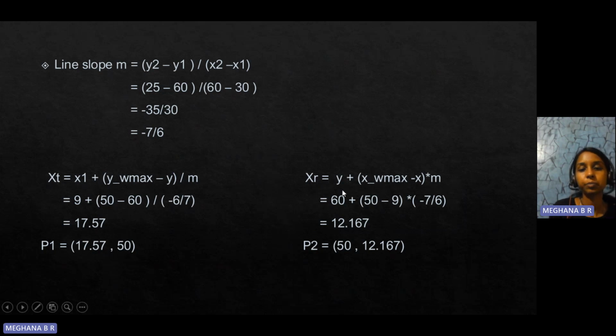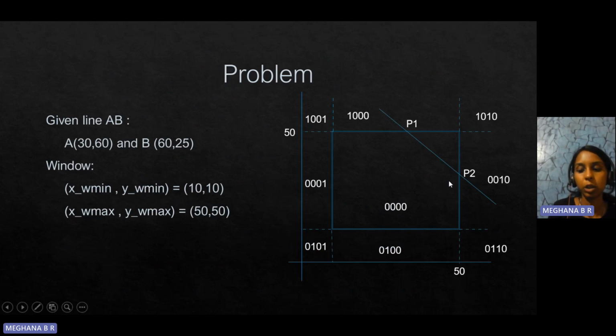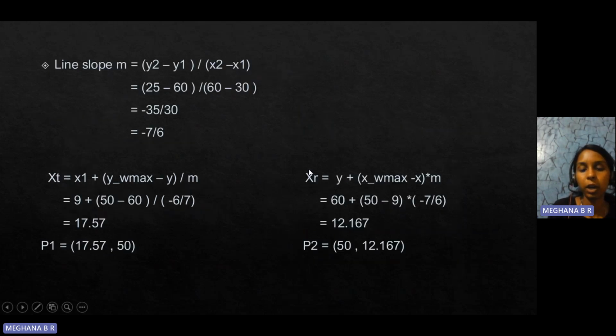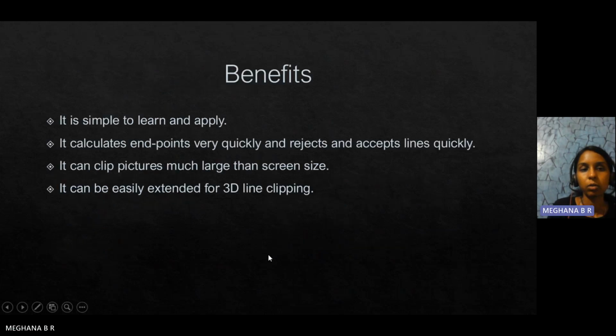Next, the line is intersecting at the right, that is the P2 point. We'll find the y point, y plus (x w max minus x) into m, so our y point will be equal to 12.167. That is, P2 will be equal to (50, 12.167). So these two are the intersection points. So this is the Cohen-Sutherland line clipping algorithm.